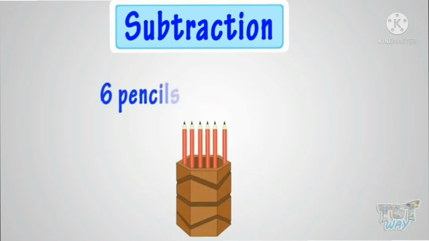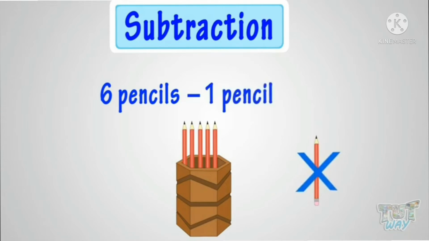There are 6 pencils in the stand. If I take out 1 pencil in the stand, how many pencils are there in the stand now? Let's count. 1, 2, 3, 4, 5. So there are 5 pencils in the stand now.